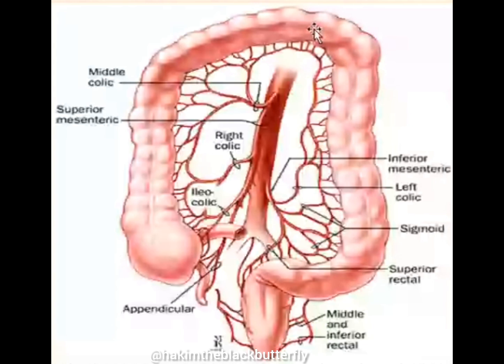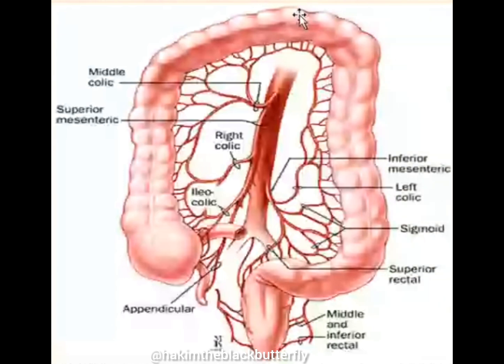This junction is also the boundary between the midgut and the hindgut. So from this point onwards is the hindgut, and from this same point up to the duodenum where the common duodenal papilla joins, that is the midgut.